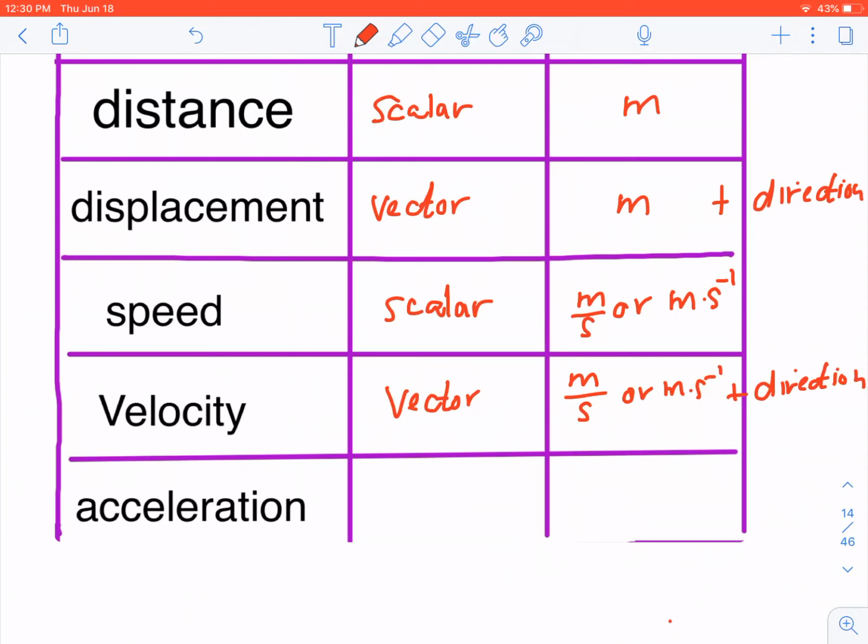Acceleration is also a vector quantity, which we will be dealing with in subsequent lessons. And the unit of it is meter per second per second, which I write as meter per second squared, and that's plus direction.